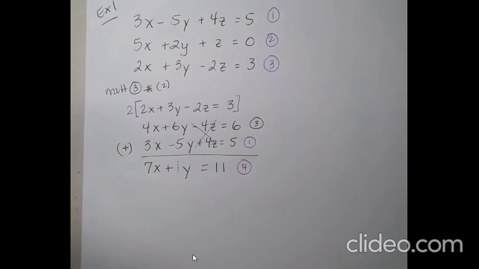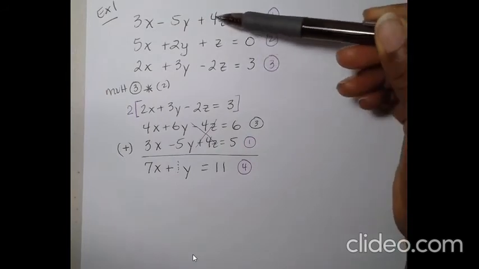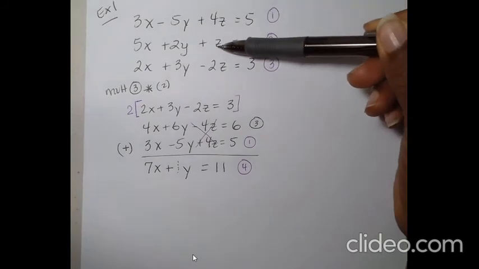That's equation 4. Now we need to do some more equations where we can combine them and have an x and y left together. So let's look at equation 2. If we multiply equation 2 by negative 4, then we're also going to be in a place where we've got positive 4, negative 4.